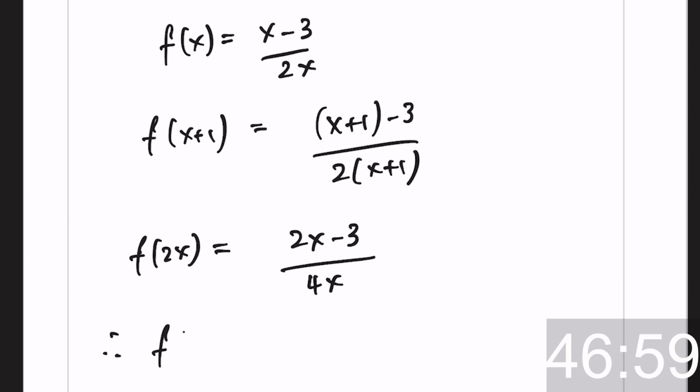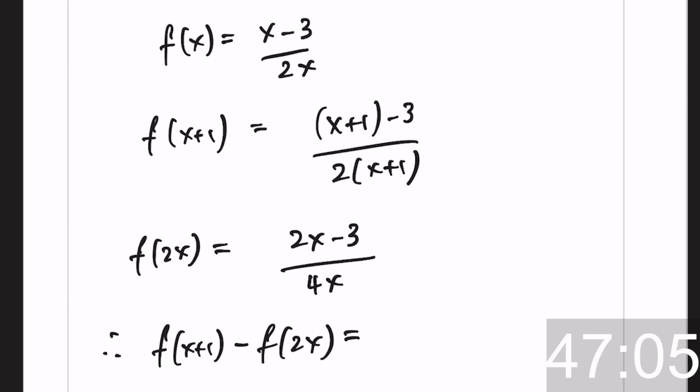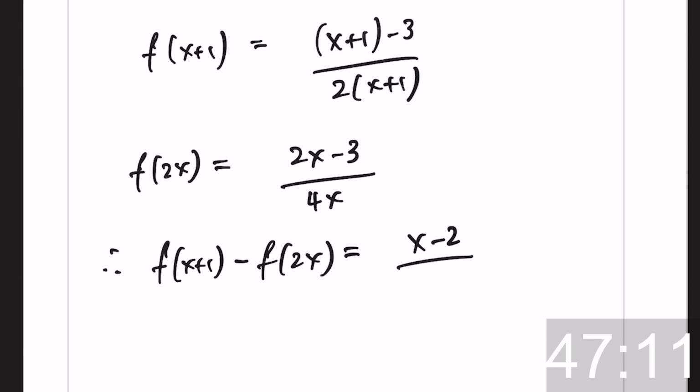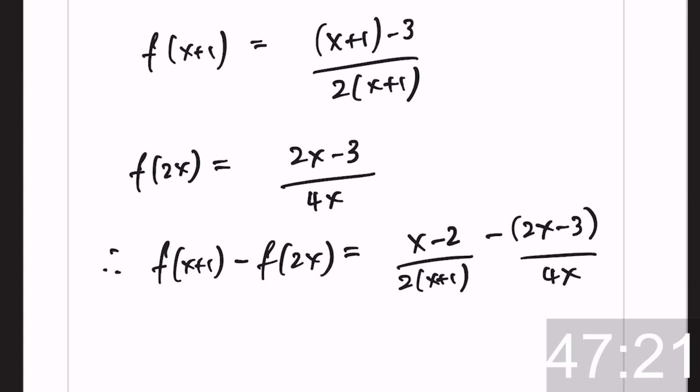So therefore, f of x plus 1 minus f of 2x has to be x plus 1 minus 3, so plus 1 minus 3 is x minus 2, over 2 lots of x plus 1, minus f of 2x, so minus 2x minus 3 on the top over 4x.